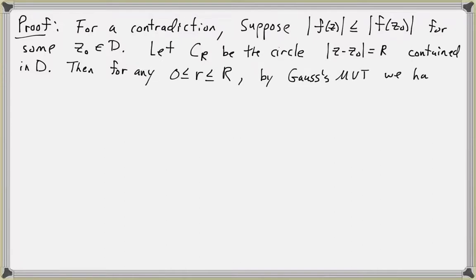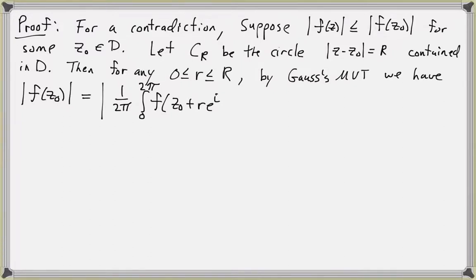we have that the absolute value of f of z0 will equal the absolute value of 1 over 2 pi, the integral from 0 to 2 pi, f of z0 plus little r e to the i theta d theta.